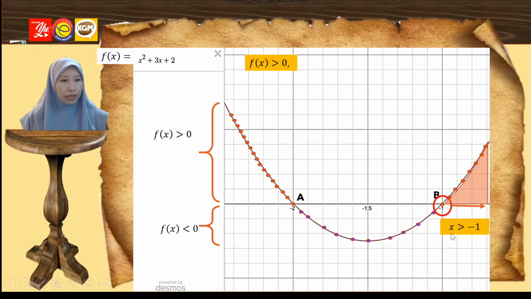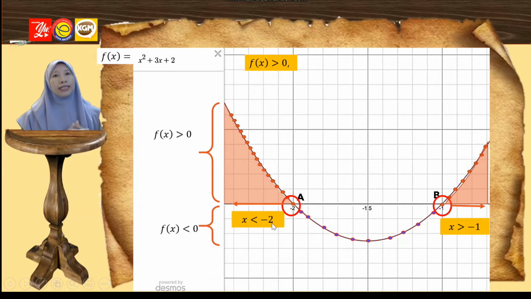So we can say that x is greater than negative 1. And also here on the left hand side, the function is greater than 0, and the corresponding values of x will be less than negative 2. So x is less than negative 2.